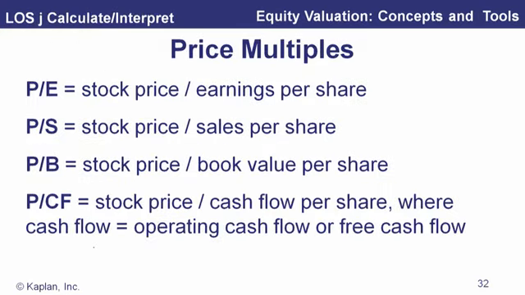So here are some price multiples. We spoke of these before, didn't define them. Stock price over earnings per share, stock price over sales per share, book value per share from the balance sheet, actually the statement of shareholders' equity, or price to cash flow per share, where cash flow is operating cash flow, or it could be what we defined as free cash flow per share.